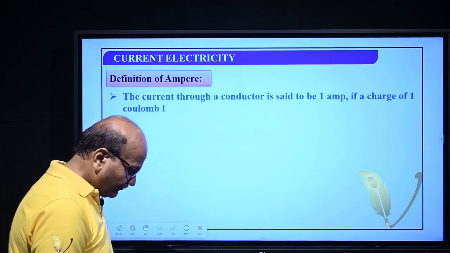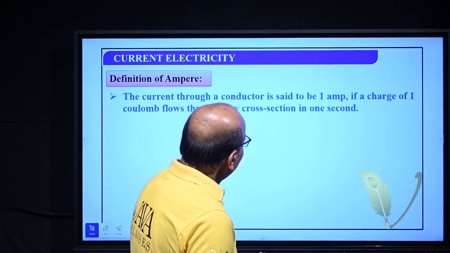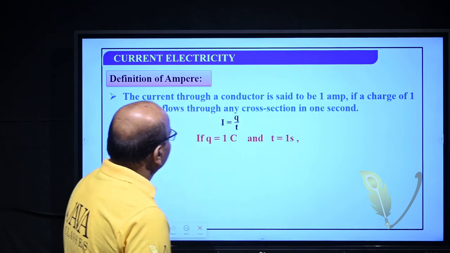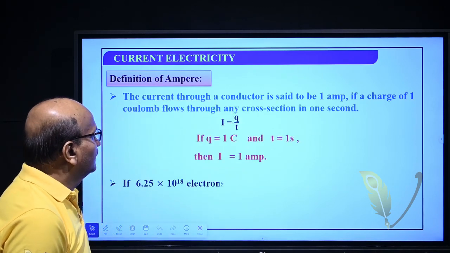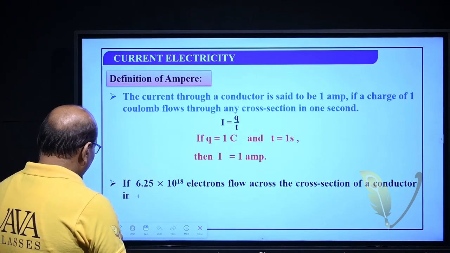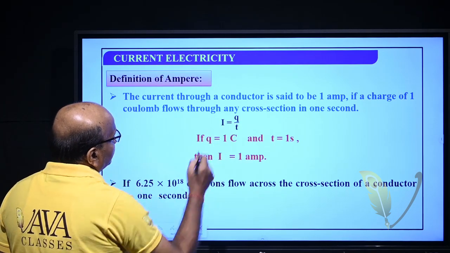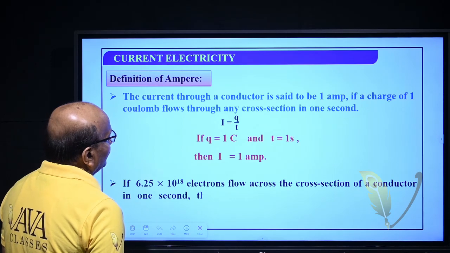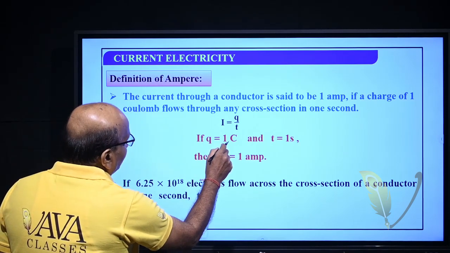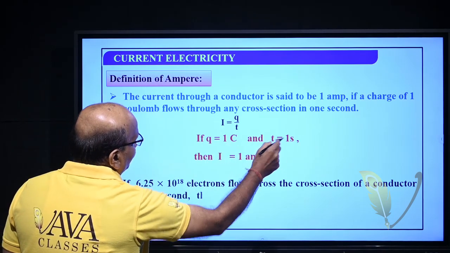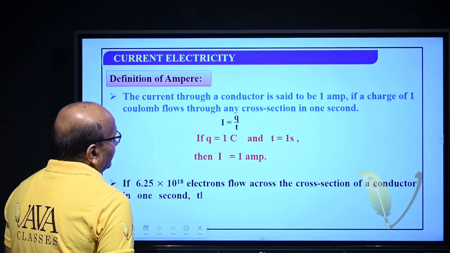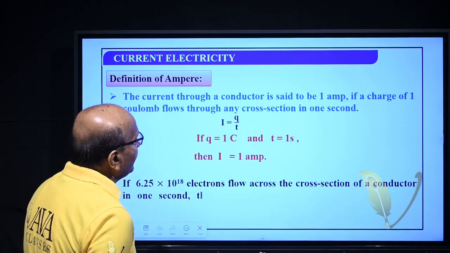Now how do we define ampere? We see that current is equal to charge by time. If charge is 1 coulomb and time is 1 second, then current I is equal to 1 ampere.